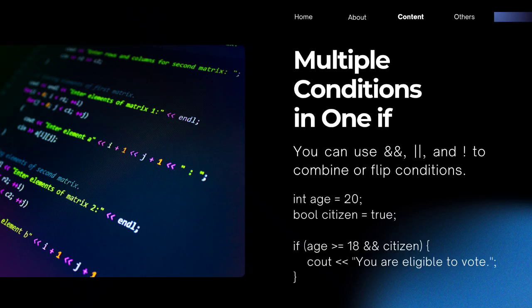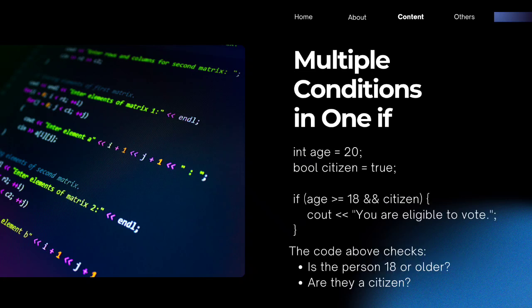Here's the example. What's happening in this code? The code above checks: is the person 18 or older? Are they a citizen? Both of these conditions must be true for the message to appear. The AND operator connects both checks.